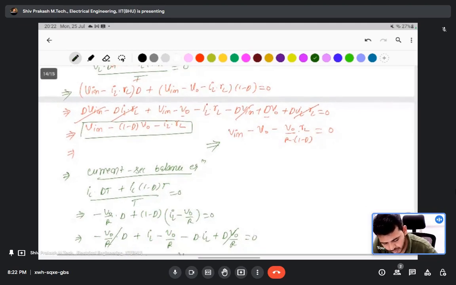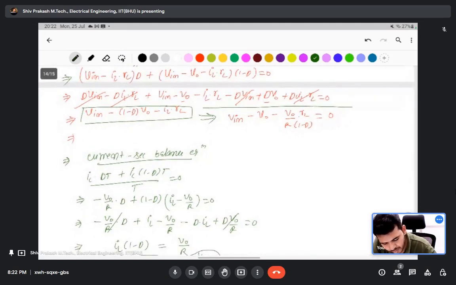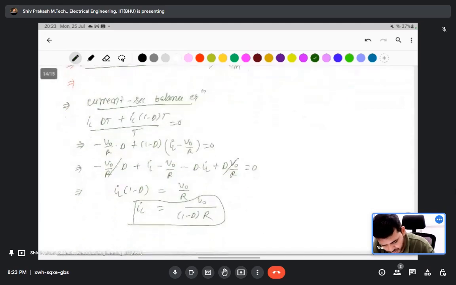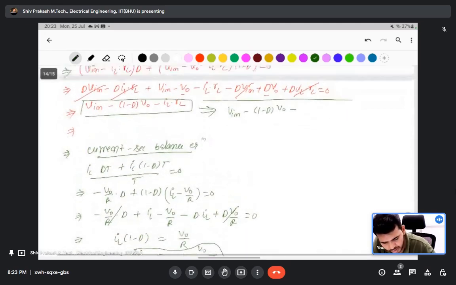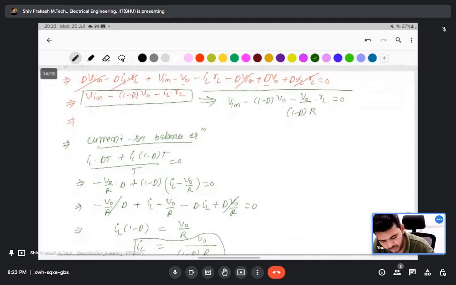Then V in minus 1 minus D V naught minus IL, where IL is V naught by 1 minus D into R, into RL is equal to 0.